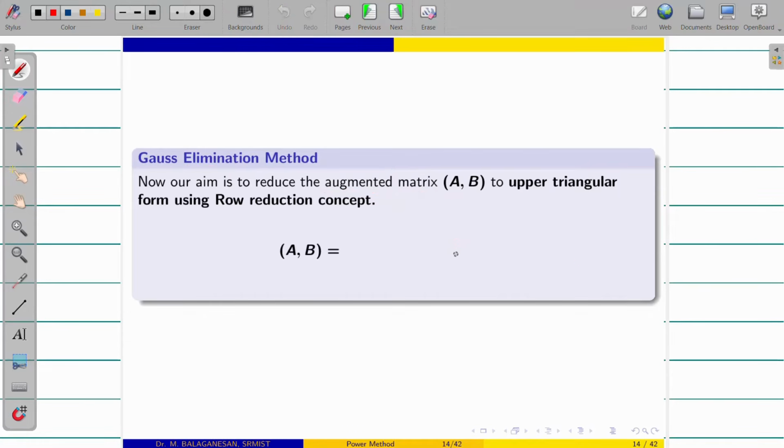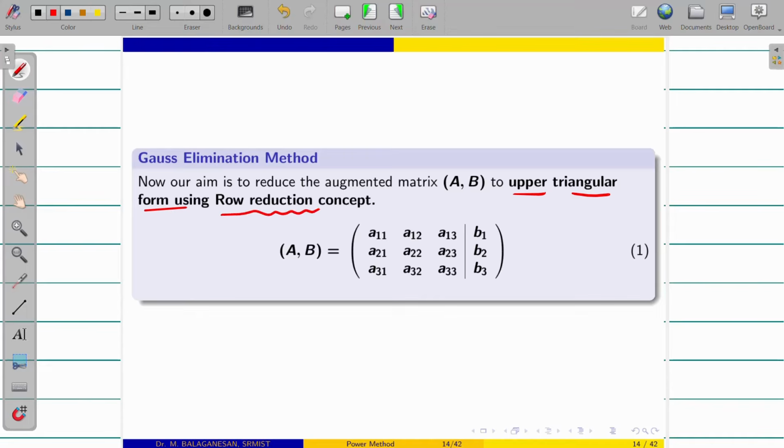Our aim is to reduce this augmented matrix to an upper triangular matrix using row reduction. This is the 3 by 3 matrix A, and this is the B matrix: b1, b2, b3. Together, A and B are called the augmented matrix.